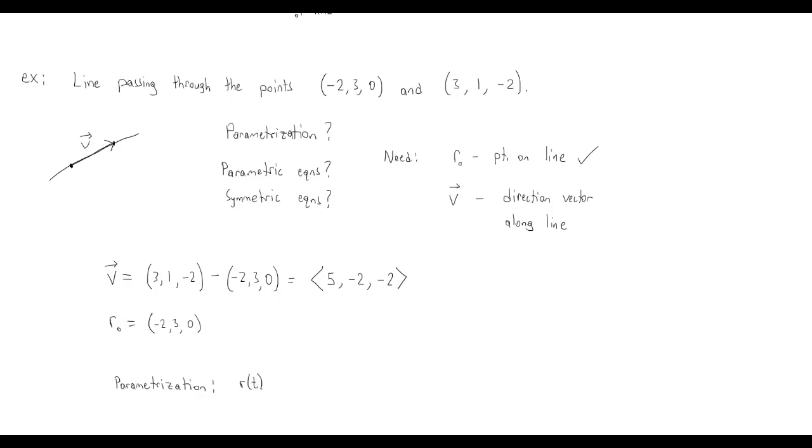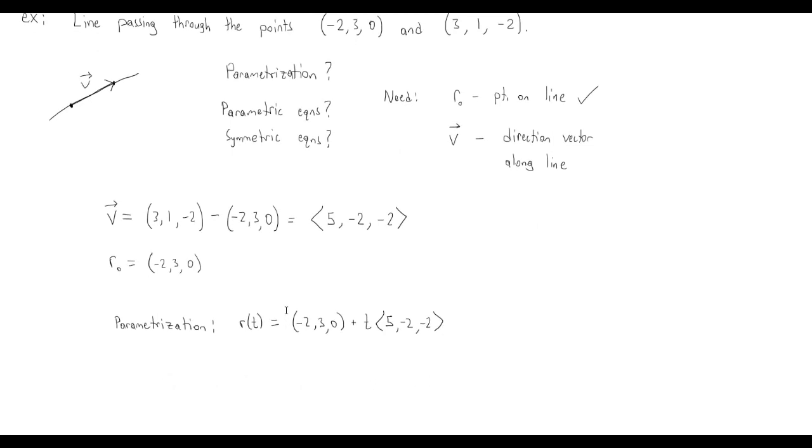Okay, so the parameterization is the function r of t equal to r naught, so negative 2, 3, 0, plus t times v, so v was 5, negative 2, negative 2. Okay? Alright, so that's the parameterization, or the vector equation of our line.